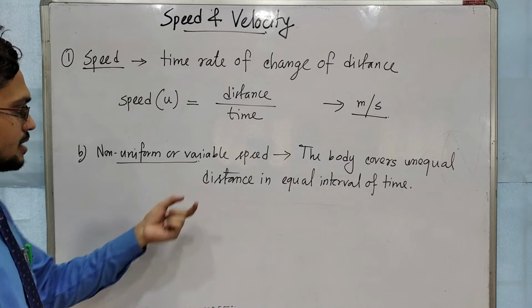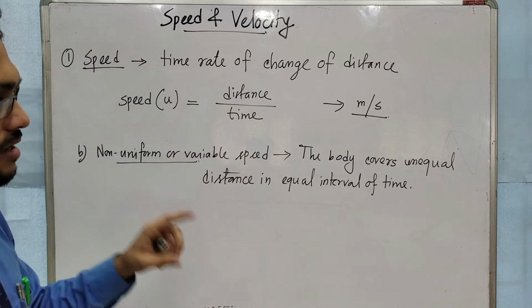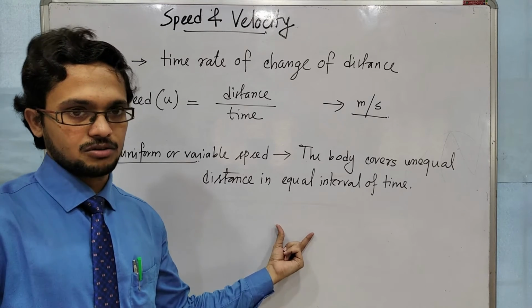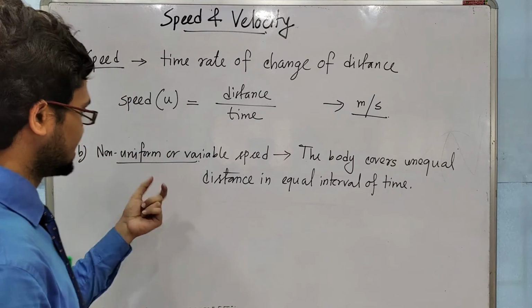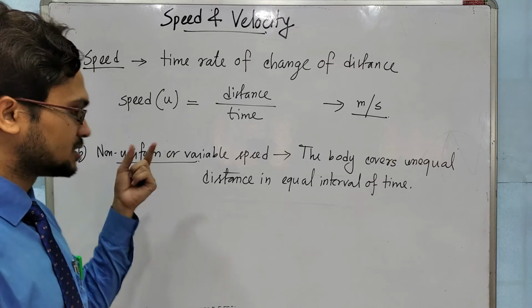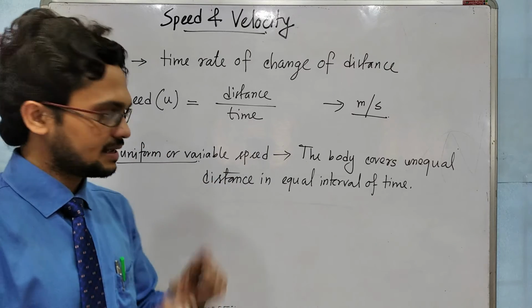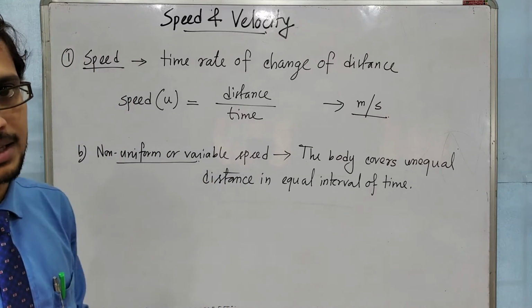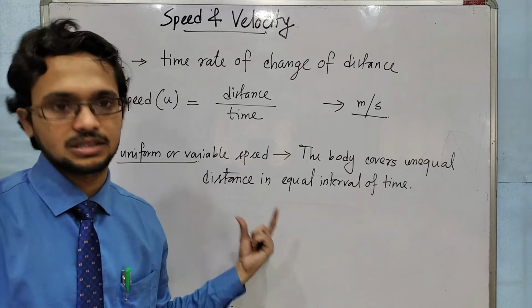Here in this case we cannot use that formula to find distance, because at every moment the speed varies here. For that reason we cannot use this formula.